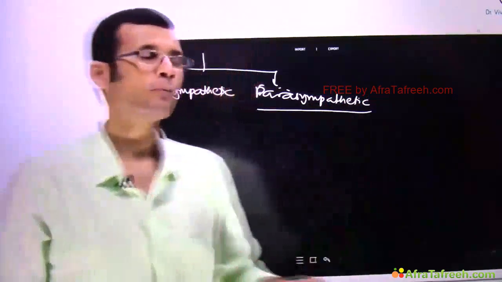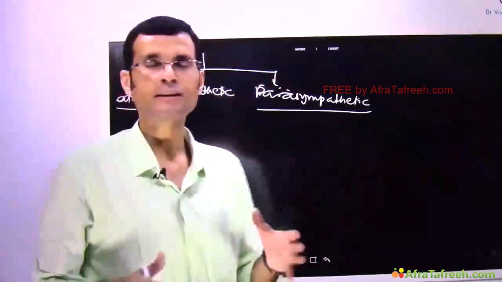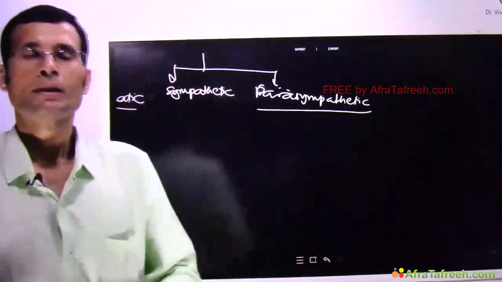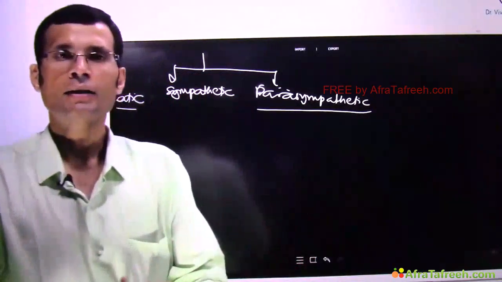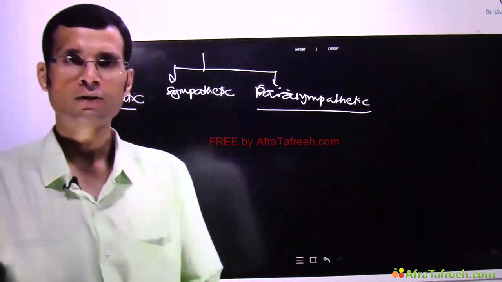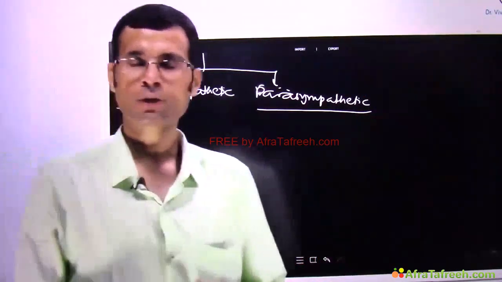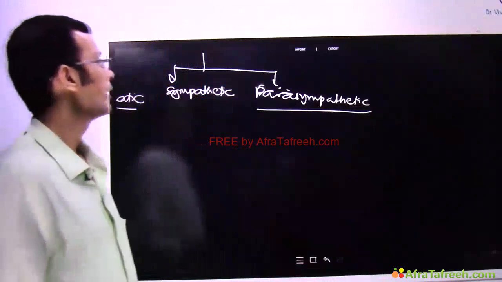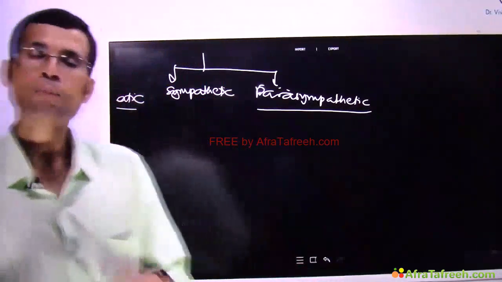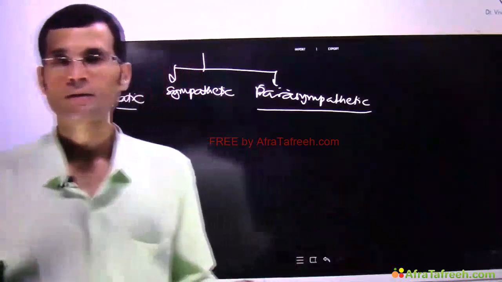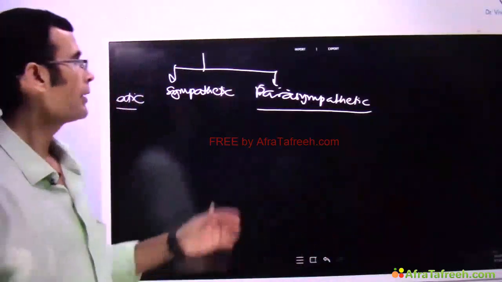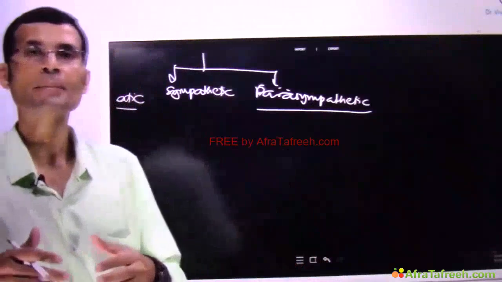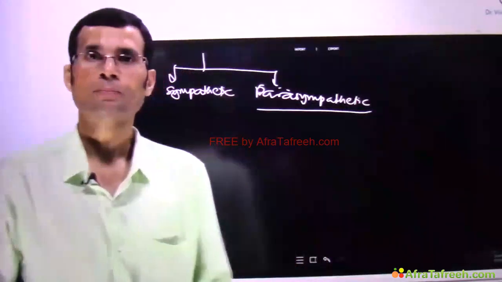Let's try to understand what the functions of these divisions are. These two divisions are supplying or innervating all the organ systems and controlling the automatic functions. Their functions are mostly contradictory, meaning sympathetic will increase the heart rate, parasympathetic will decrease the heart rate, but at some places the function may be complementary to each other.